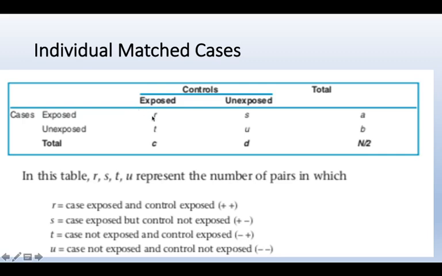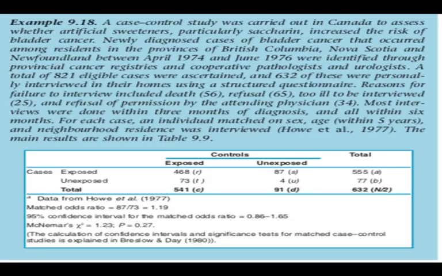So in order to compare R, S, T, U, individually matched cases, the strategy is different. I am not going to read this whole question, but it is basically comparing sweet intake with bladder cancer.